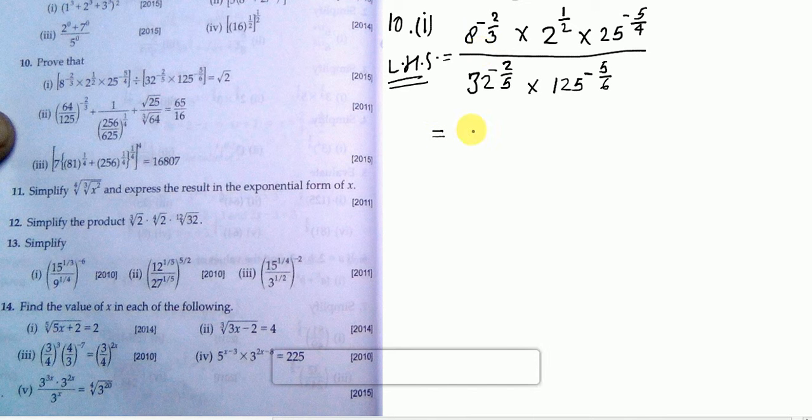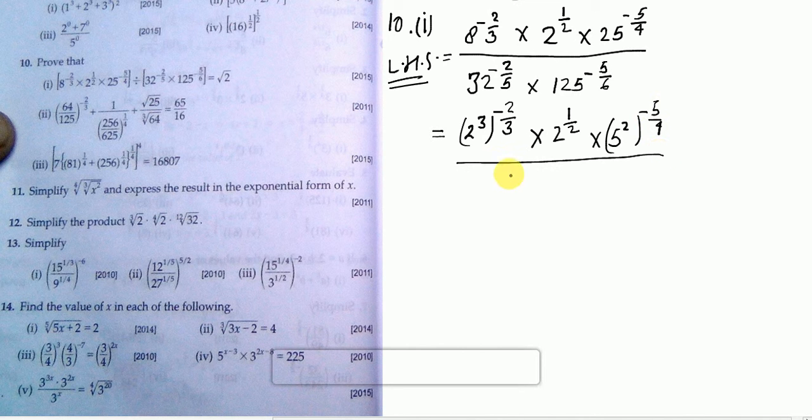8 is 2 raised to the power 3, whole raised to the power -2/3, into 2 raised to the power 1/2, into 5 raised to the power 2, whole raised to the power -5/4, and 2 raised to the power 5, whole raised to the power -2/5, into 5 raised to the power 3, whole raised to the power 5/6.